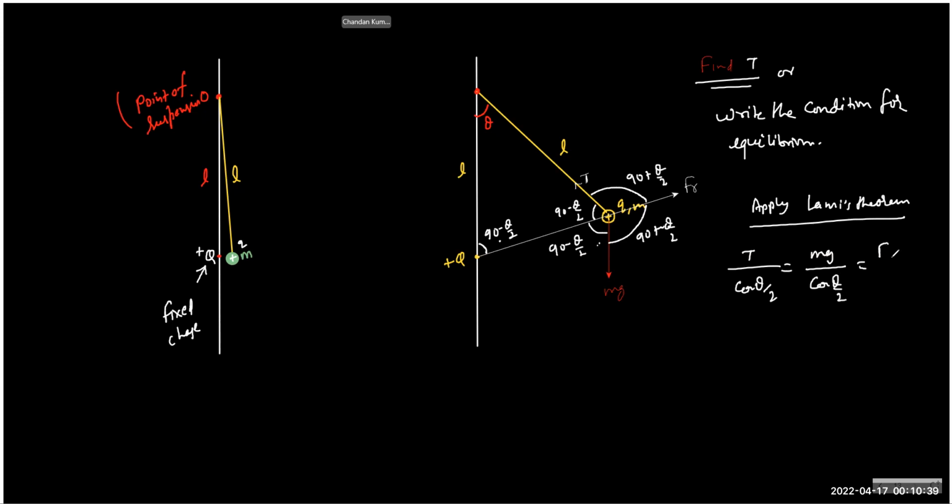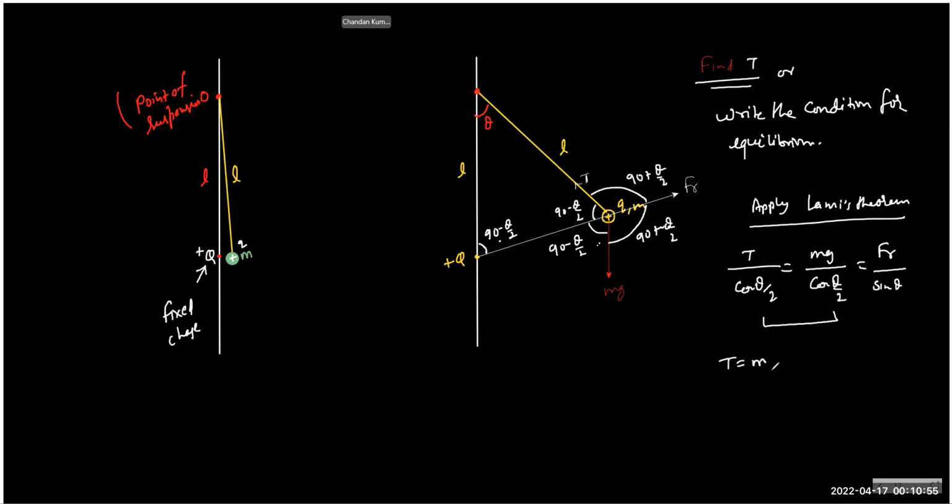And that equals F resultant, I mean repulsive, upon sine of 90 plus 90, that is 180 minus theta, so sine theta. That is the same. So if you use the first two equations, you can get the answer.